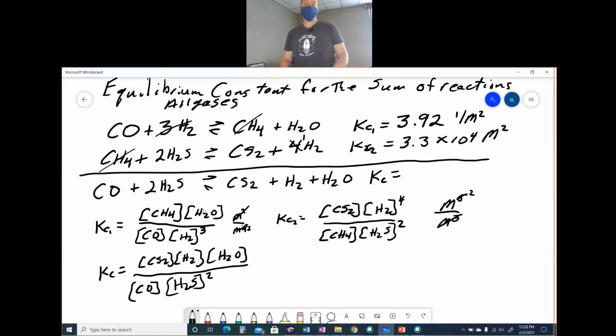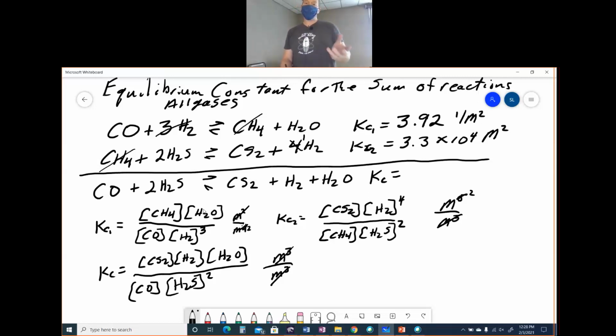And if we're doing the units for that, we have molarity times molarity times molarity. That would be molarity to the third. On the bottom, we'd have molarity times molarity squared, also molarity to the third. And we see that they would completely cancel out. And our units for our Kc, when we add the two reactions, will be unitless.